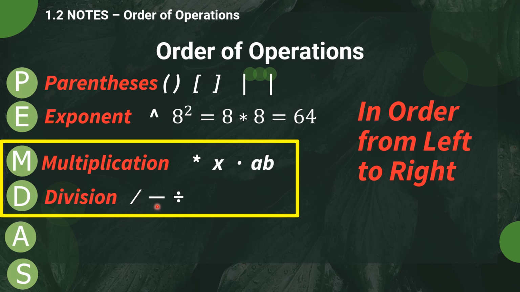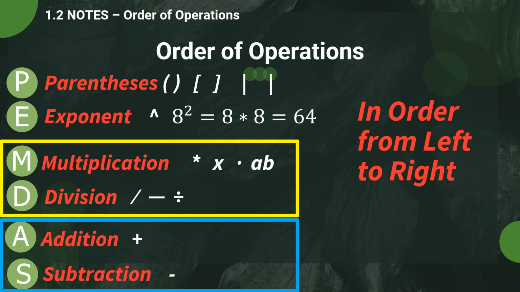It can be written as a fraction bar, and then you have a division symbol. Then you have addition and subtraction. Most of us are familiar with the addition and subtraction, and these two go together as well, order from left to right. And just like the multiplication and division, addition and subtraction go together.